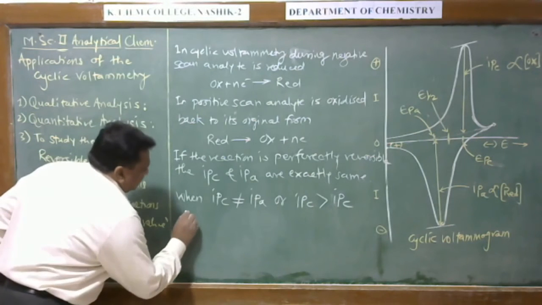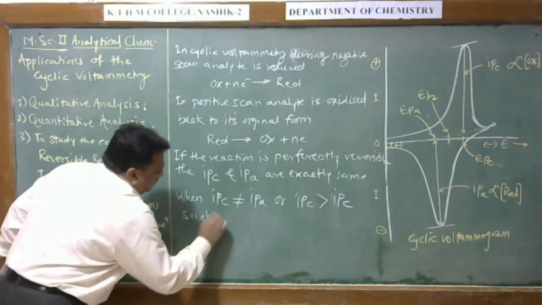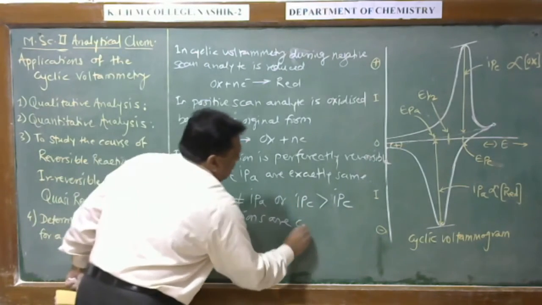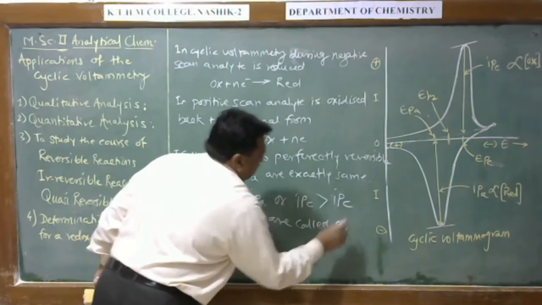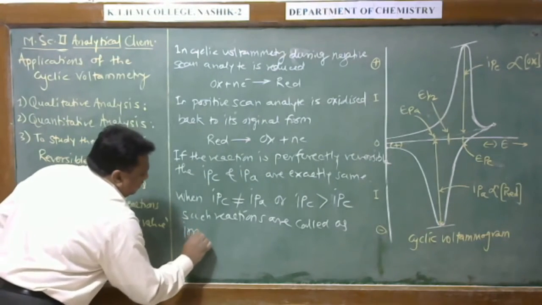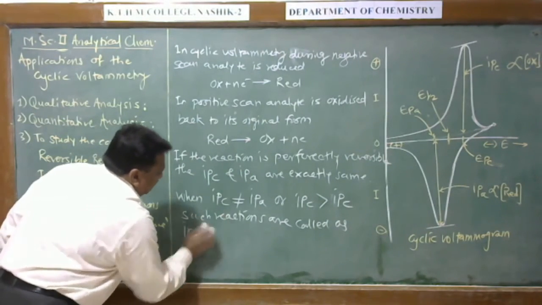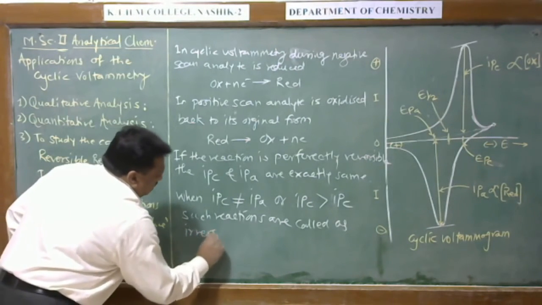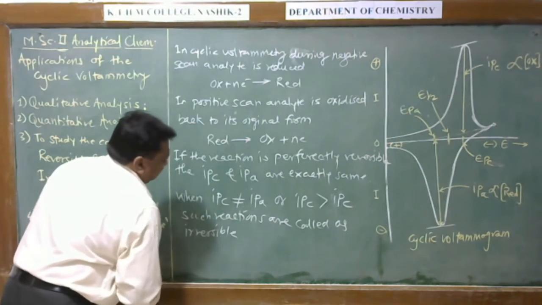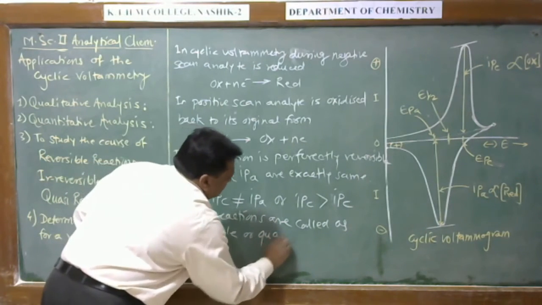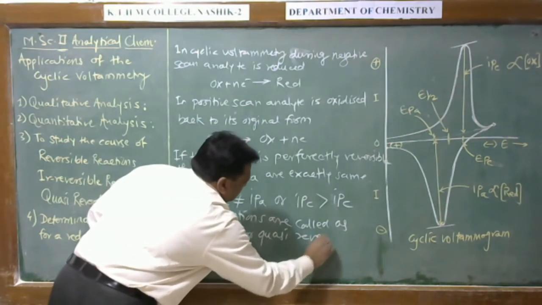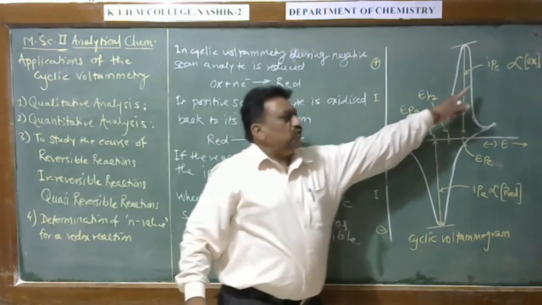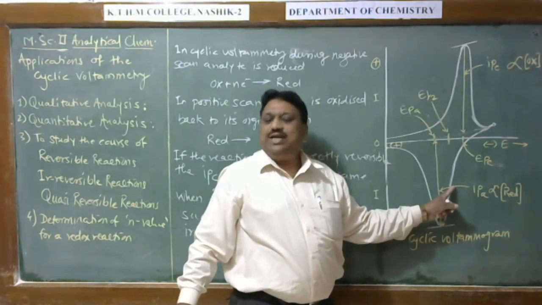Therefore, such reactions are called irreversible or quasi-reversible reactions. Therefore, only in a reversible reaction is the magnitude of cathodic current equal to the magnitude of anodic current.